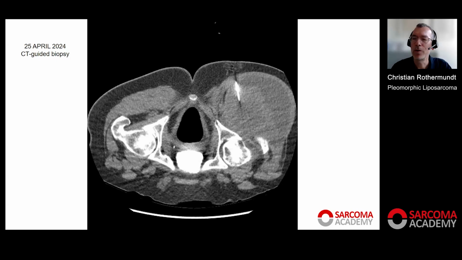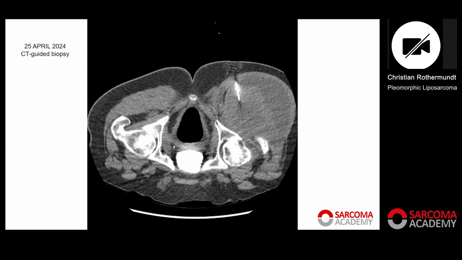Okay. Dimo, you're also on the panel. Anything you would have done differently? Well, it's always difficult to say anything about just one picture. And the CT-guided biopsies are also not so very dangerous in terms of tumor cell seeding.